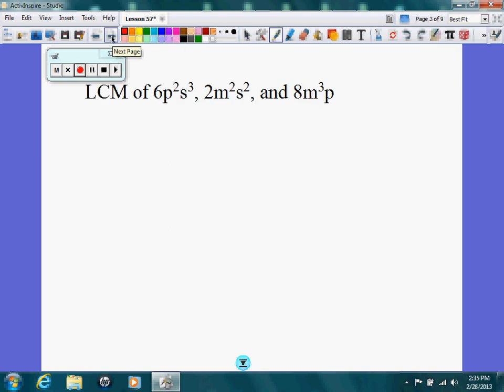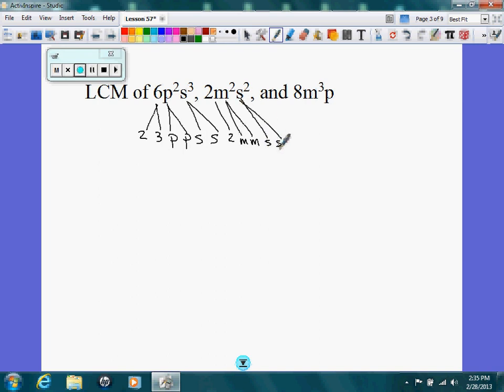Okay, let's get the least common multiple of 3 monomials. Let's get the prime factors again. We get 2 and 3. We get p and p. We get s and s. We get 2, m and m, s and s. And this would be 2, 2 and 2, m, m and m, and p.